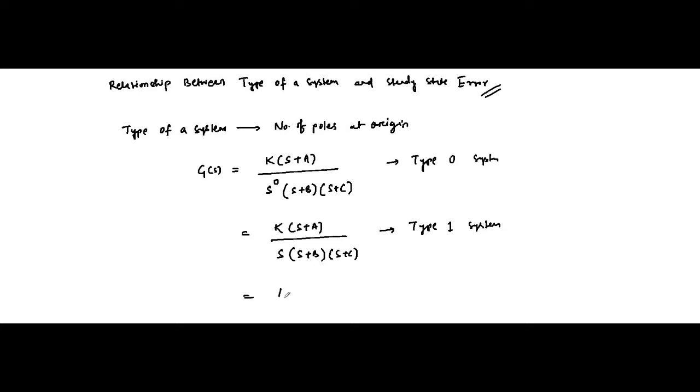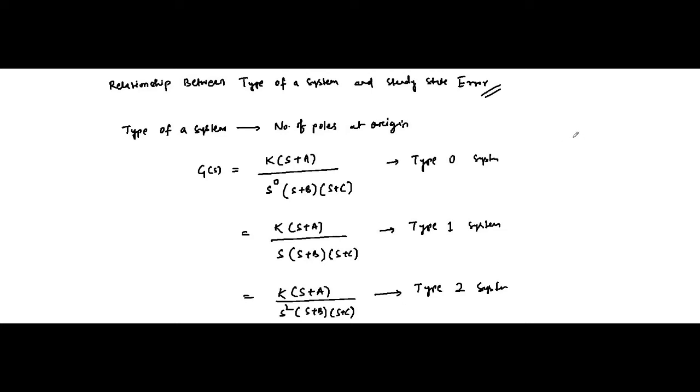Another case is here, S plus A, S square, S plus B into S plus C. So here it is a type 2 system because S square represents 2 poles at origin.